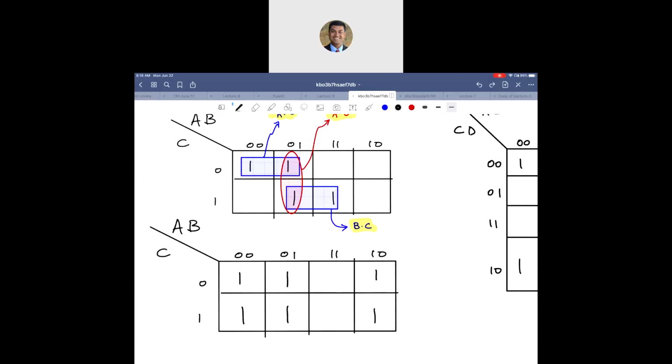You would probably say this is one group of 4 ones. Is there any other group of 4 ones? Well, clearly edges wrap around, so I have another group here, which is that and that.